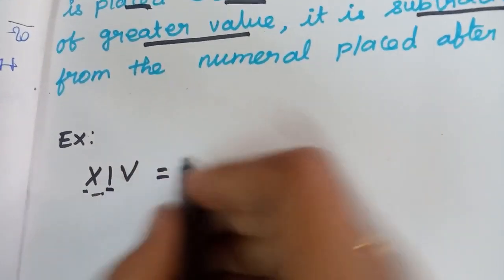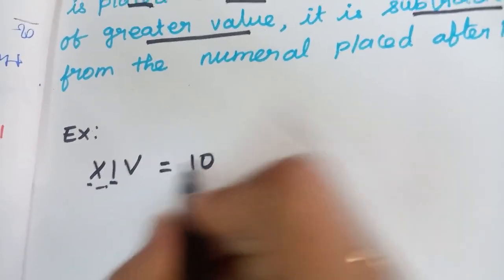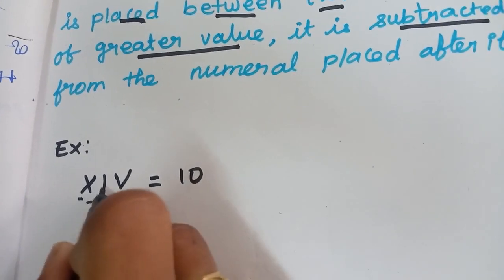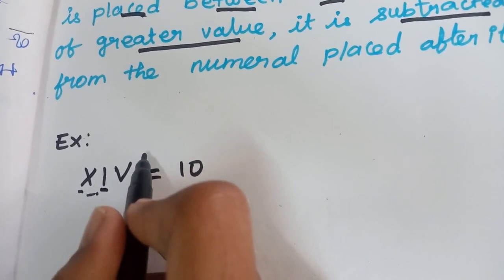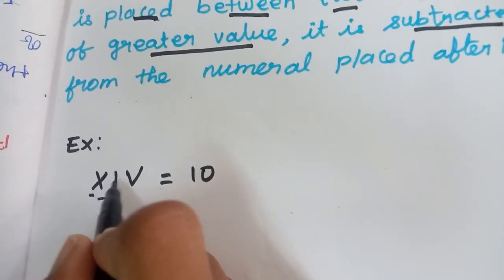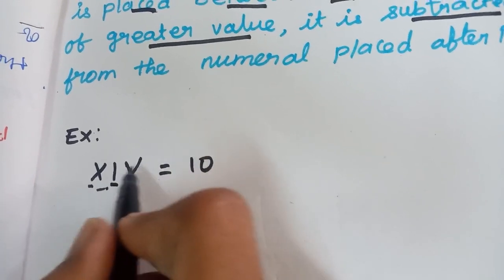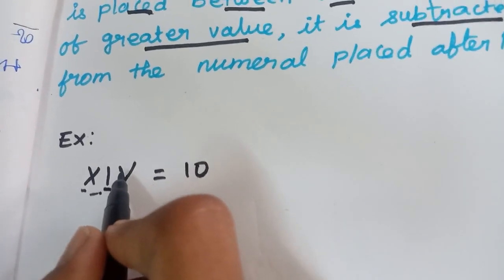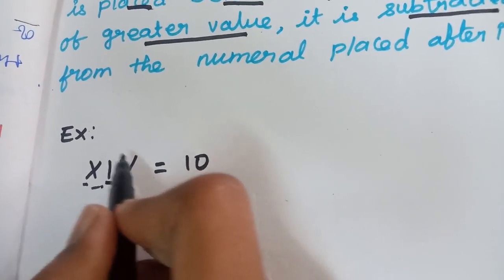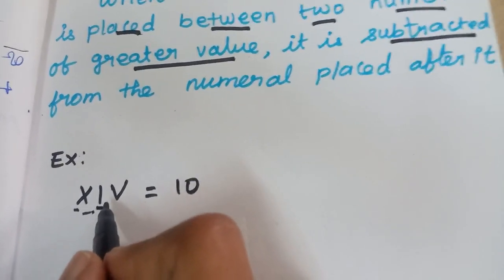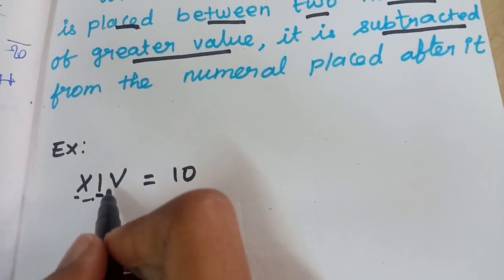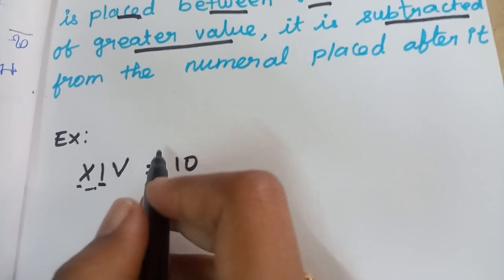X denotes 10. Here, V is a greater number compared with I. The small number occupies the left side of the greater value, so you use rule number 3: subtract from the greater value.